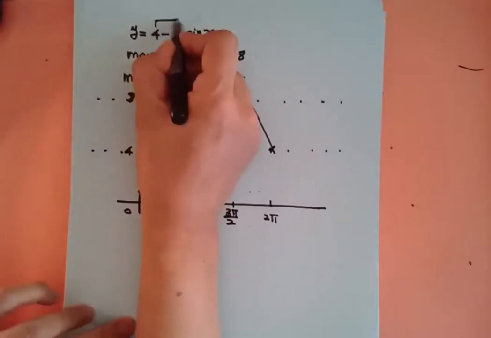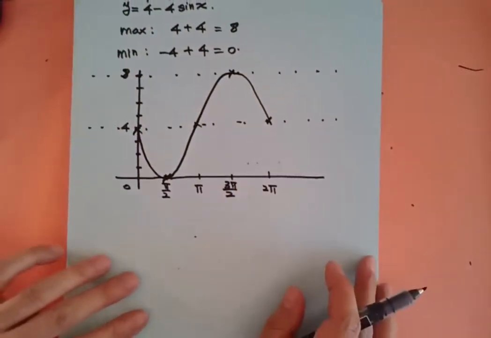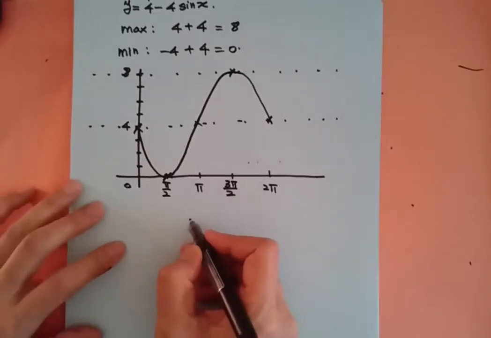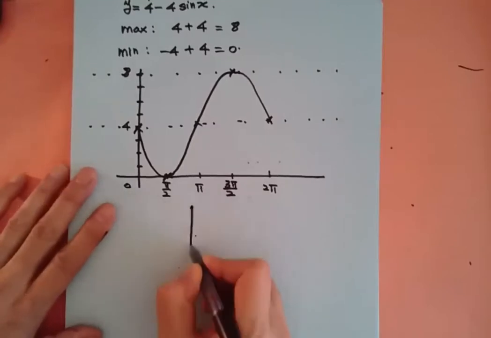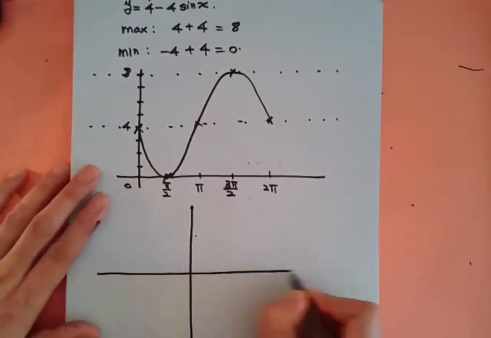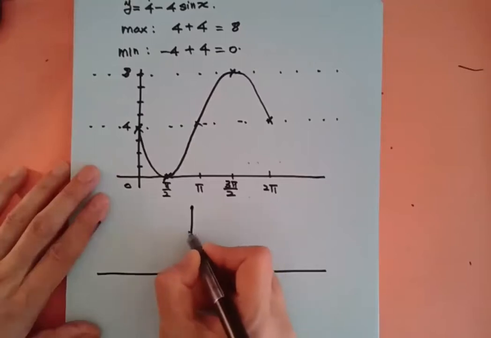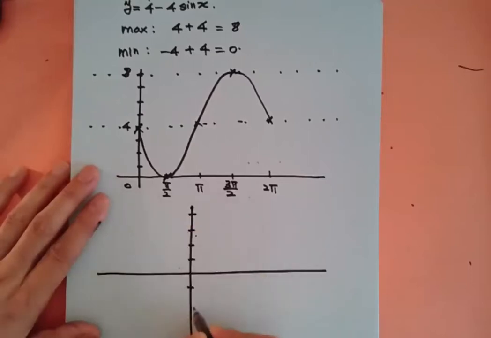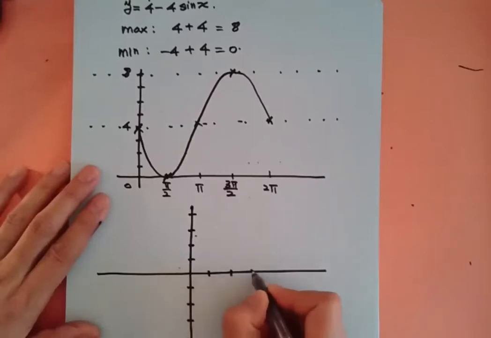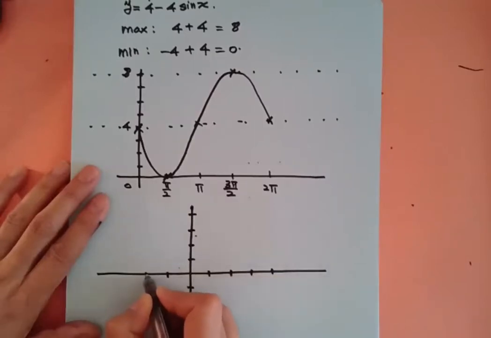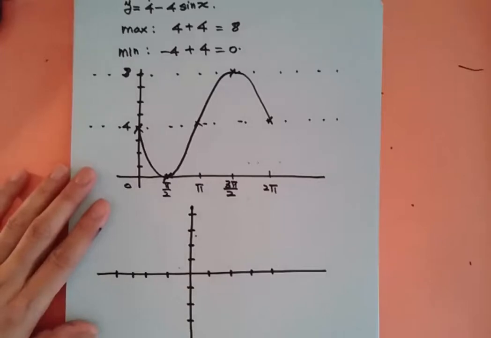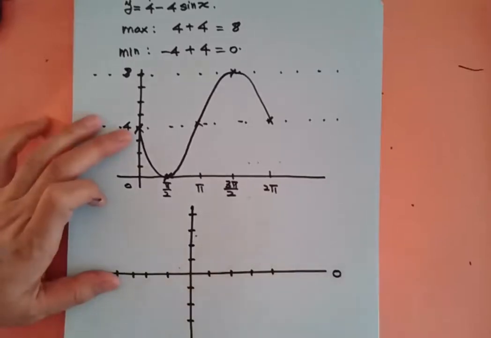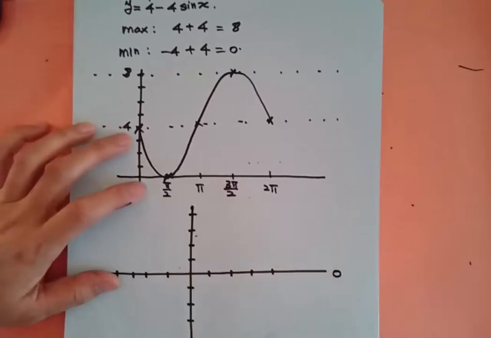So those two numbers are the same, so that becomes a cardioid. When the angle is 0, the distance is 4.